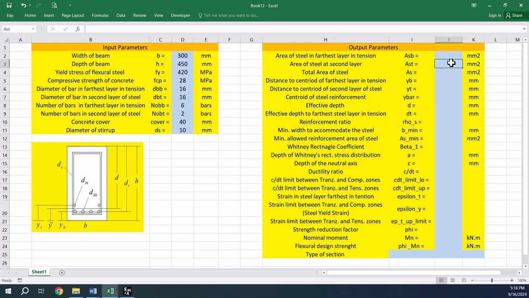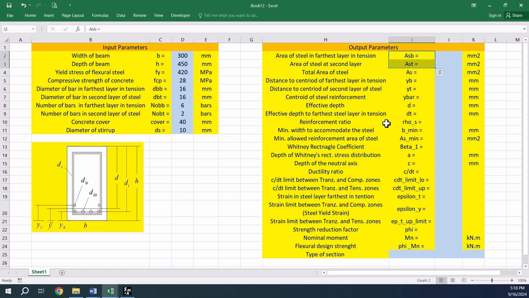When we calculated the area of steel on top of the layer farthest from the neutral axis, we actually depended on the input parameters dBt and NOBT. Now, when we are calculating the third parameter, which is the total area of steel, we will be using these two output parameters already calculated, because this one here is nothing but the summation of these two.